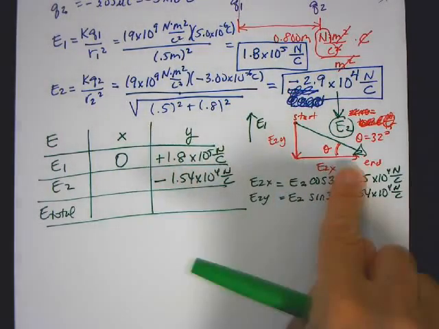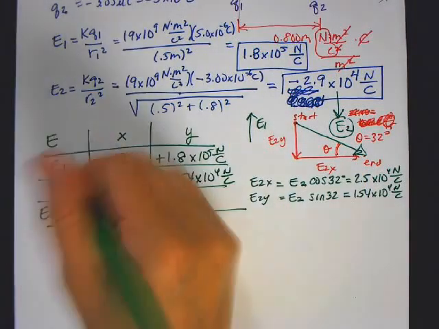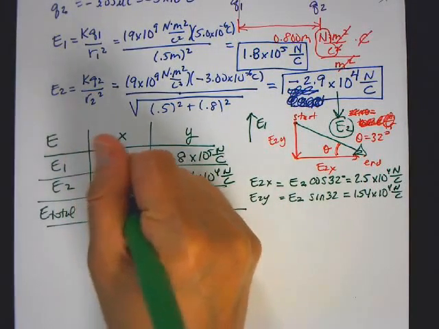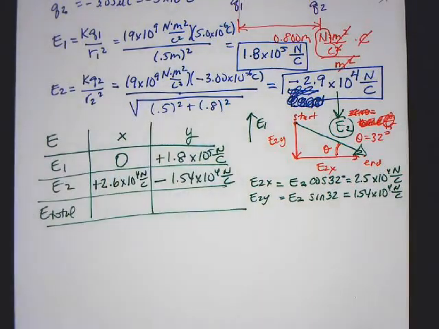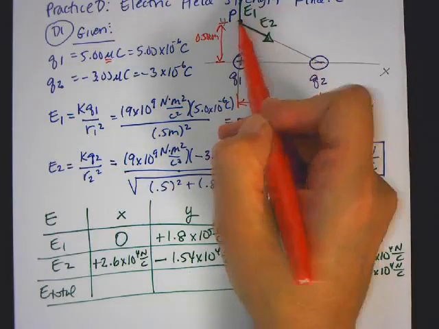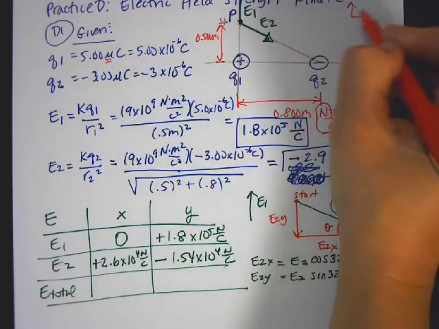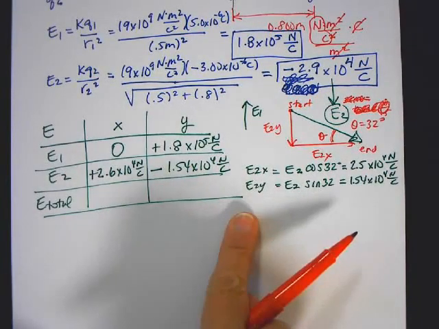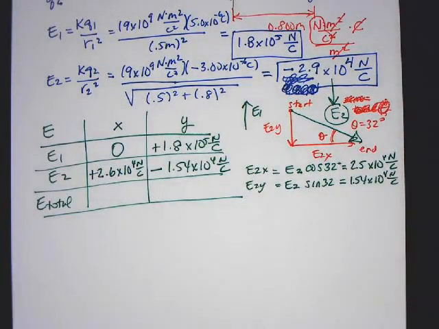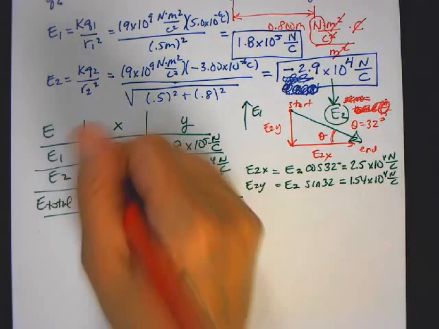Remember, we're still using our standard Cartesian sign convention that up and to the right is positive from our frame of reference. We're using the same sign convention, and that is extremely important here because when I add my vectors, I need to know the signs. So now I'm going to add these up. That's easy, 2.6 times 10 to the 4.